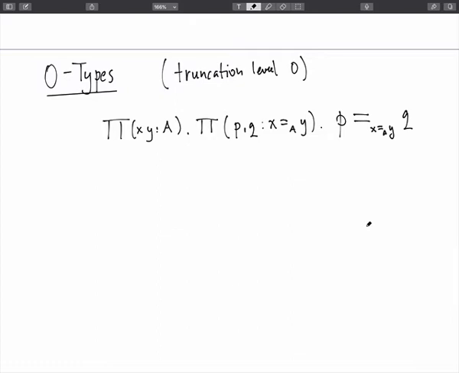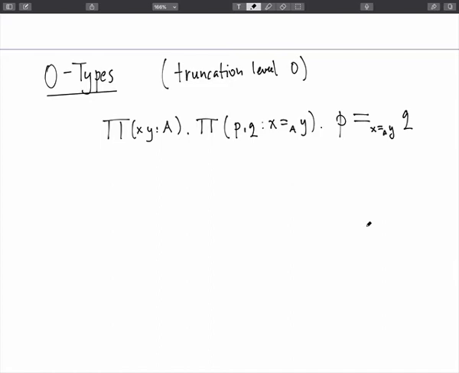So one possibility is that x and y don't have any paths. Another possibility is that there is a path from x to y. But as soon as there is a path from x to y, all paths from x to y are equal in a canonical way, so in this continuous way. So the two possibilities that we have seen so far are that the paths from x to y could be empty, or they could be contractible.